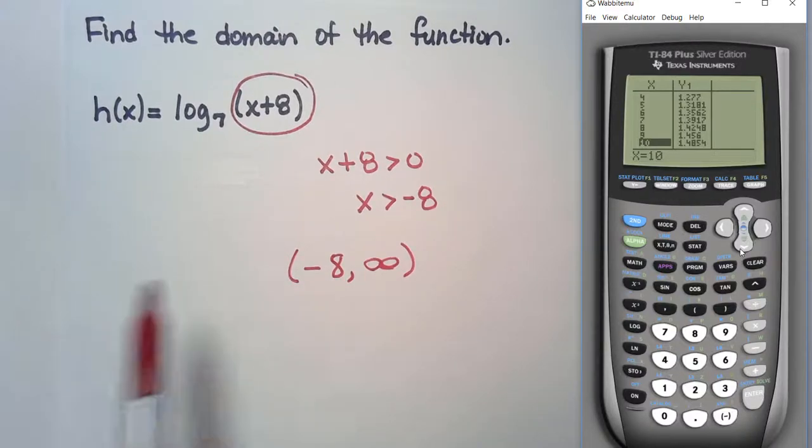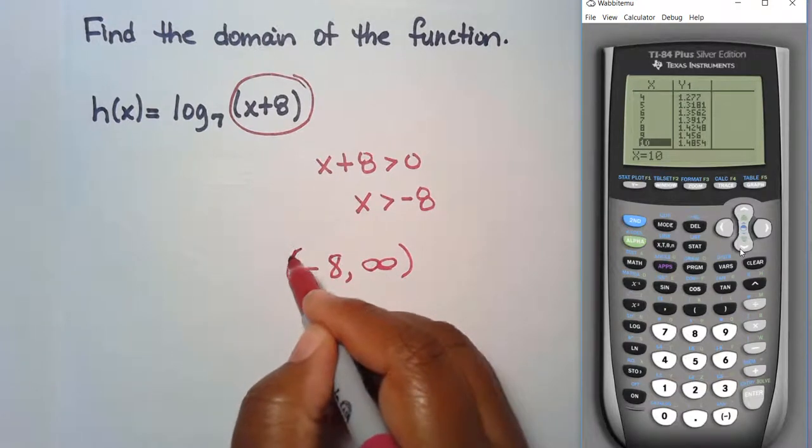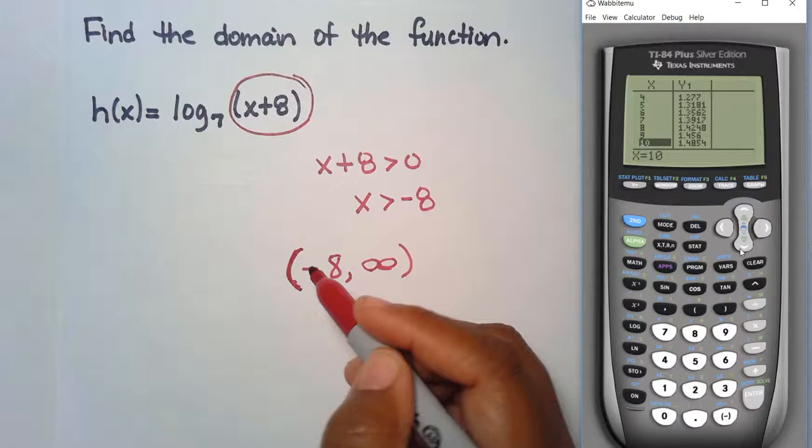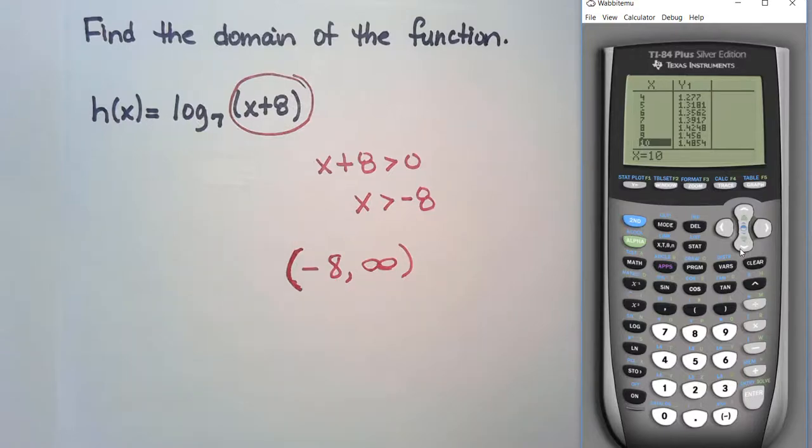To the left of -8, that's why we're not placing a bracket around -8. We're saying yes, -8 is the endpoint, but we're not including -8 as the official endpoint number, but it's an endpoint.